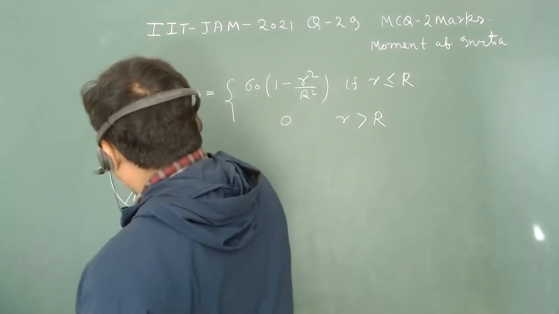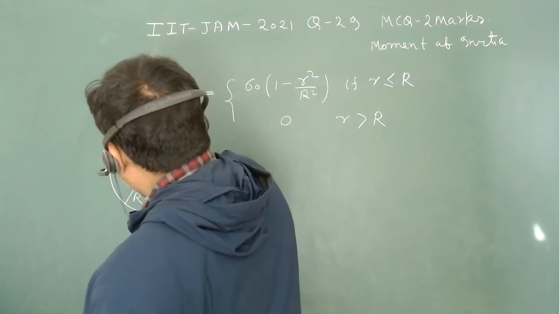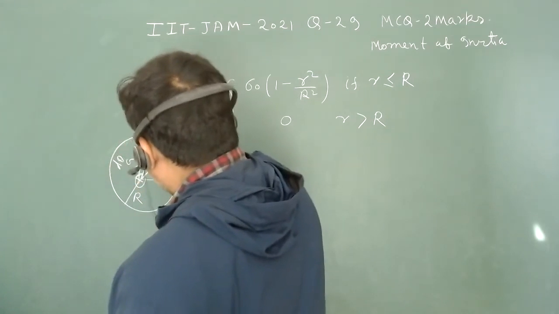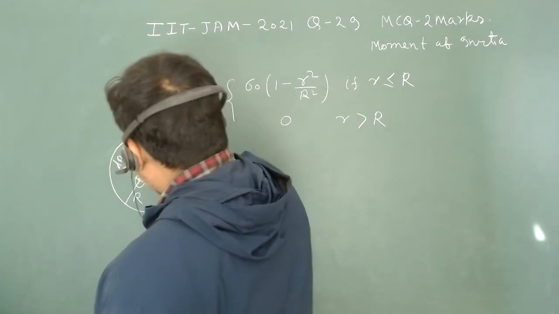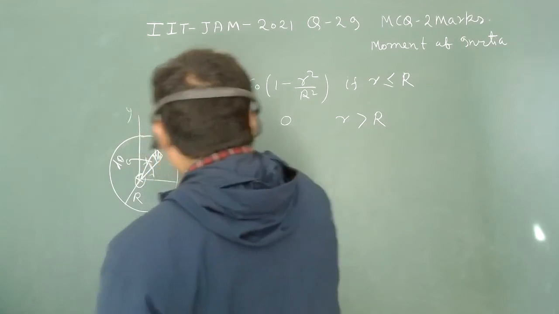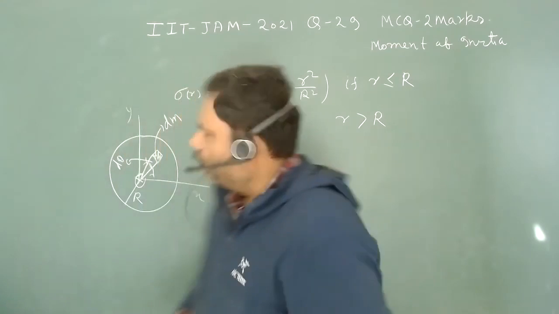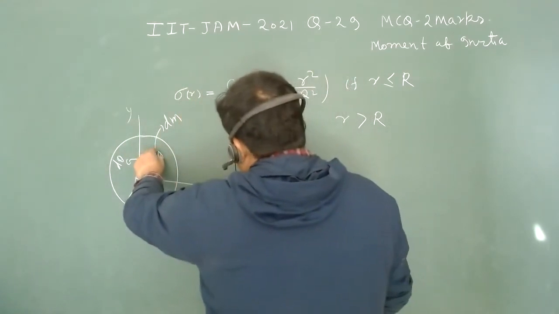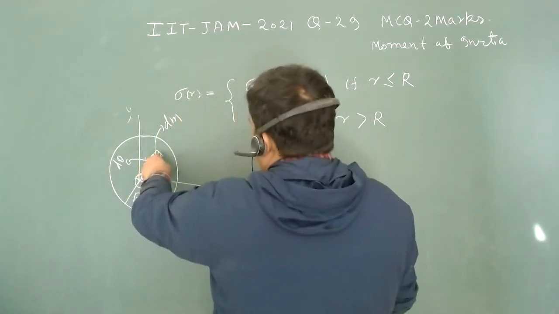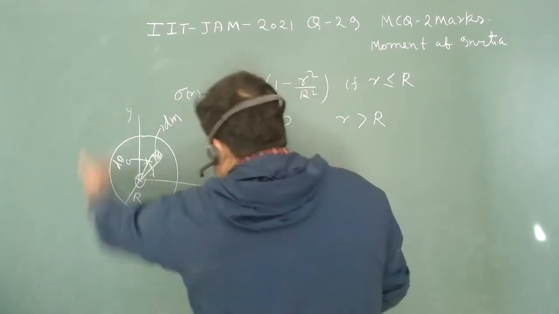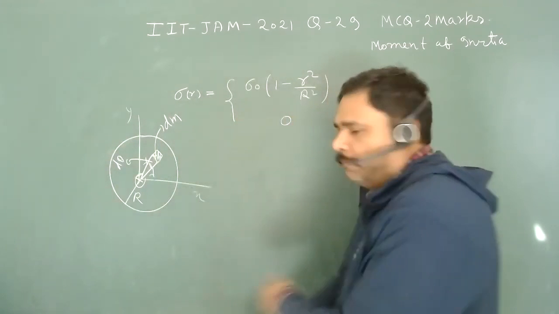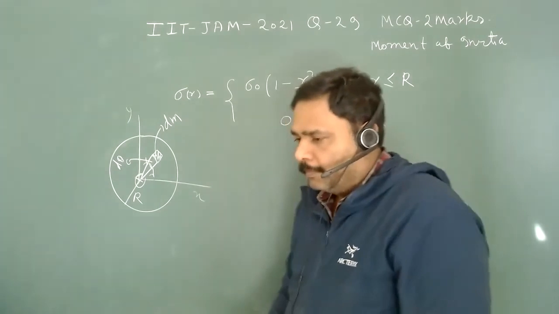This is at distance r. So this is my small element of mass dm at distance r. So what we have to do, we have to calculate the moment of inertia. If we are able to calculate the moment of inertia due to this small mass dm, and we can integrate throughout the region, then obviously we can solve the problem.